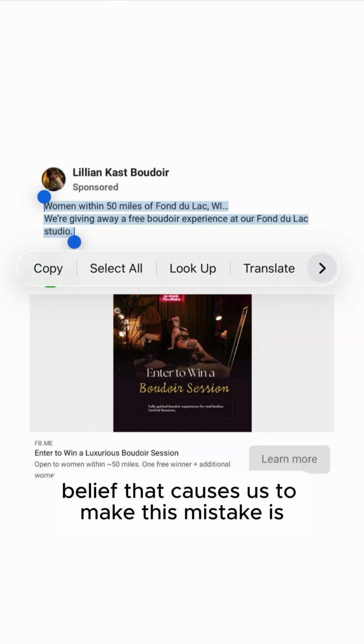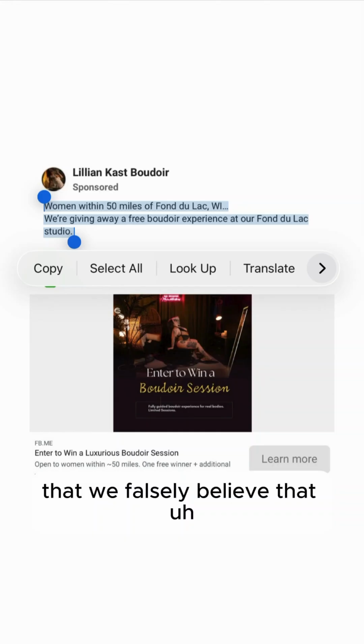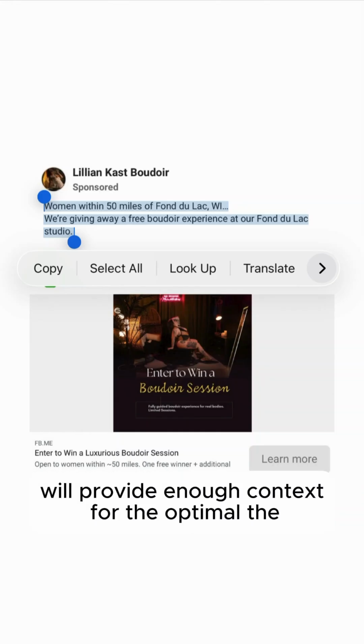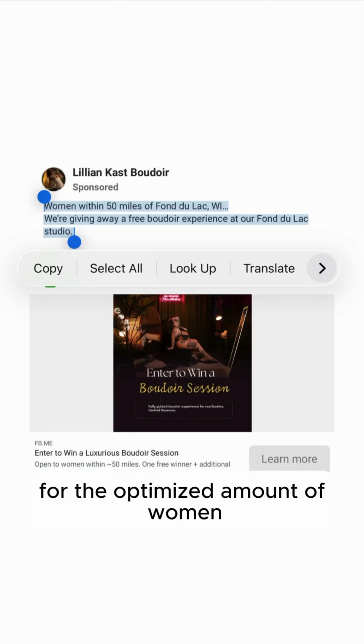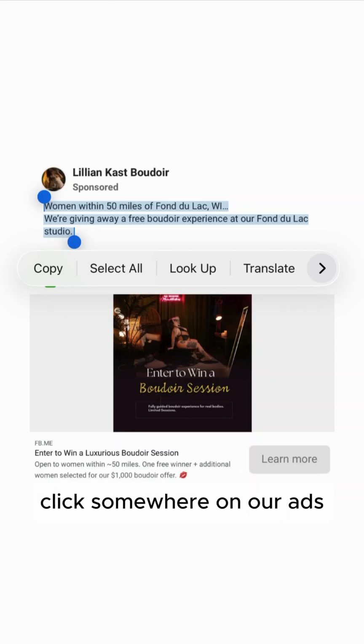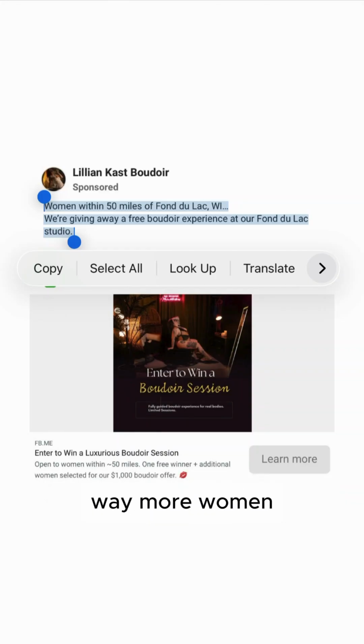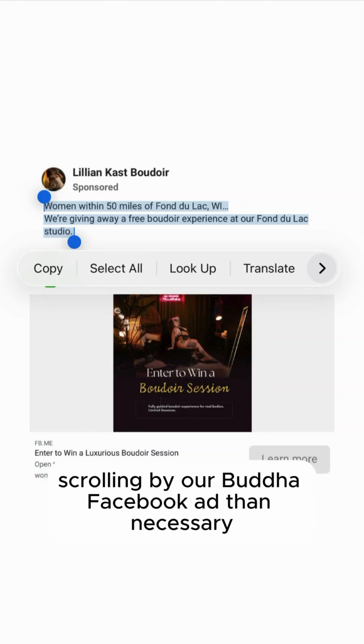The false belief that caused us to make this mistake is that we falsely believe that we're providing enough context for the optimized amount of women, of the correct women to come through, click on our ad so our ad gets into their brain. And we're not doing that. We're not accomplishing that. So the consequence is we're going to have way more women scrolling by our Boudoir Facebook ad than necessary.